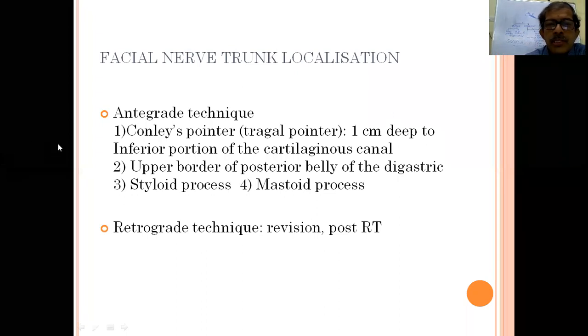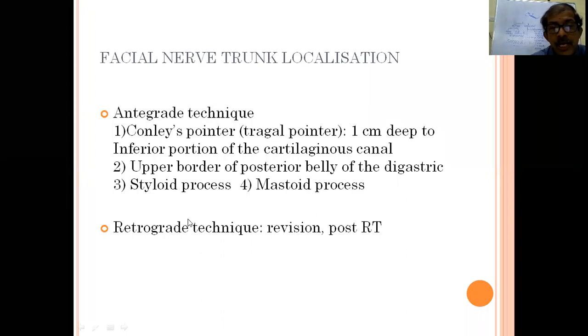Once the trunk is located, you can dissect superficial to the trunk like this. Suppose this is the trunk. Superficially I will dissect over the trunk, following how it branches into its further branches. That's how we can detect it. That is called the antegrade technique.